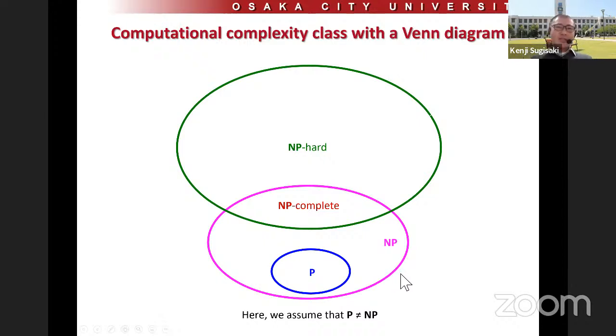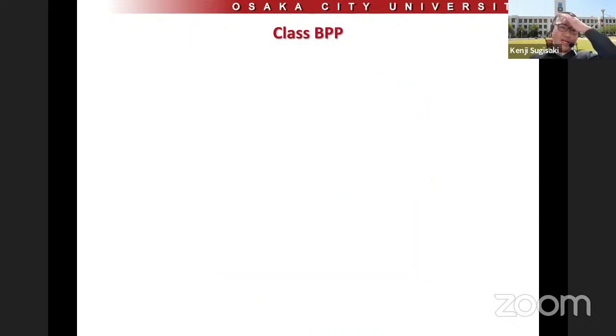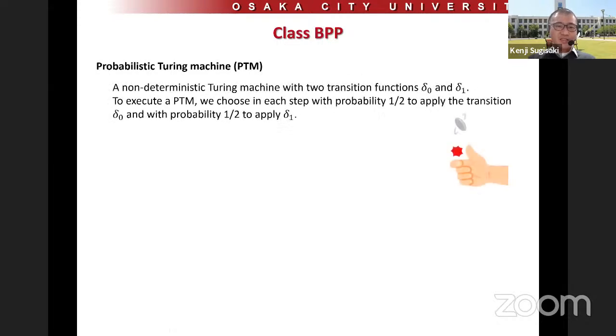In order to discuss the complexity classes of the quantum computer, first we have to introduce the class BPP. But before discussing the class BPP, I would like to introduce the probabilistic Turing machine.